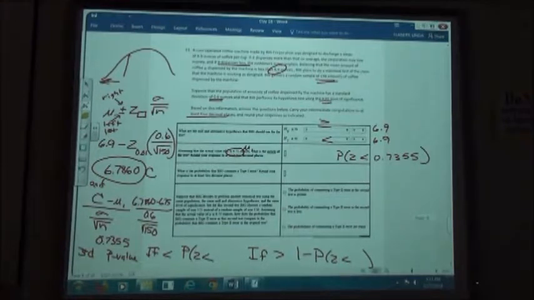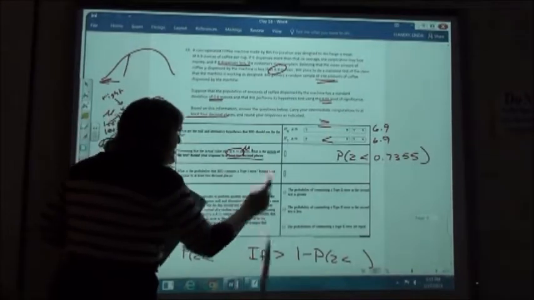So if I'm doing a less, I can just use the number. If I'm doing a greater, I have to do 1 minus that because I'm doing the opposite. And then I'm going to punch that into the calculator and round our answer finally to 2 decimal places.